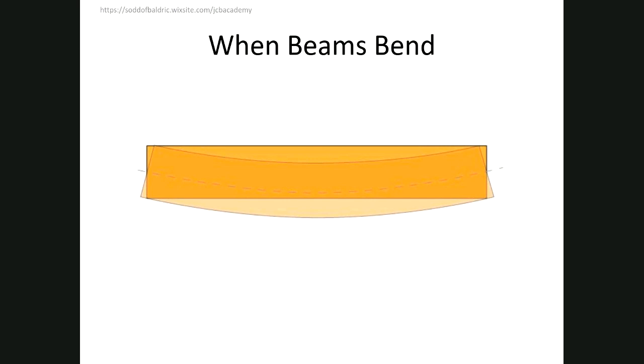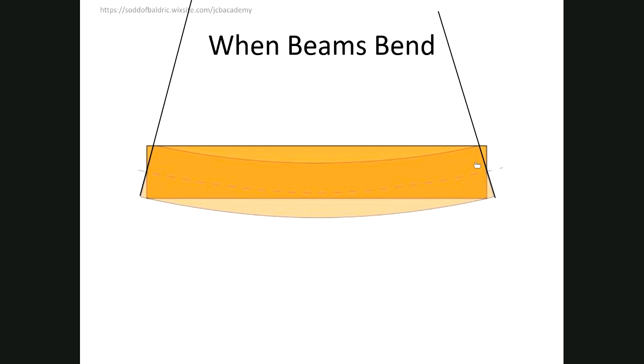If I put some lines on here, then in bending, these vertical edges of the beam are now not vertical, and they will form a sector of a circle with the bottom or the top or any point in between.